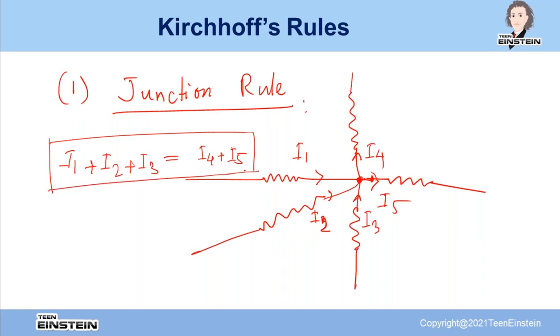So you might be thinking, sir, I understood the law, but on what basis has this law been proposed? Suppose through this junction a steady current is flowing.